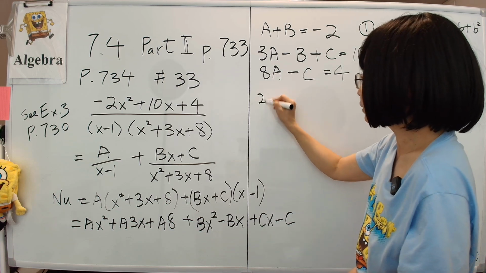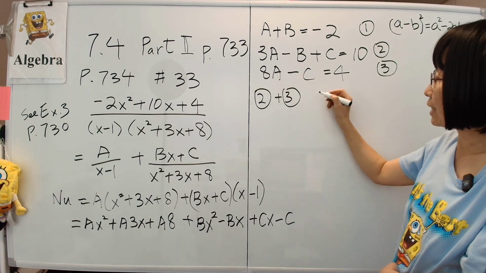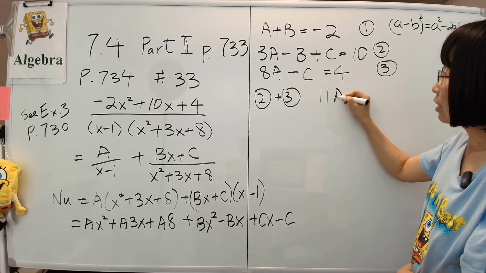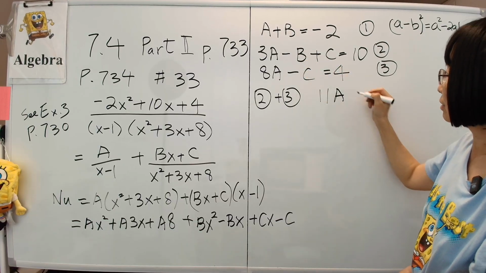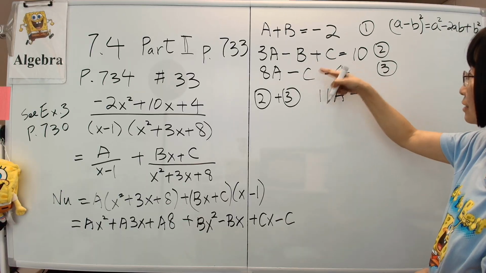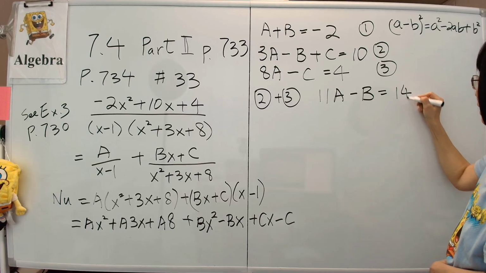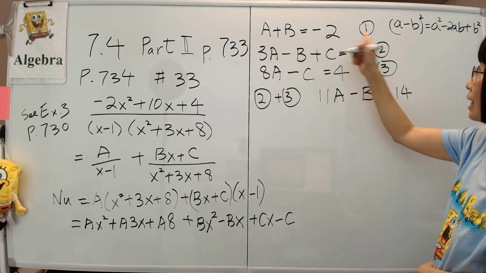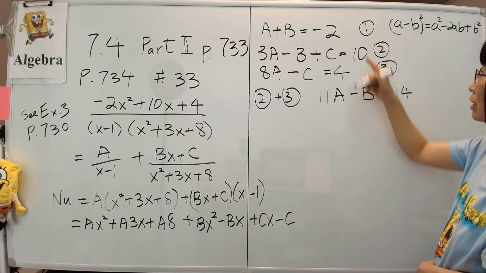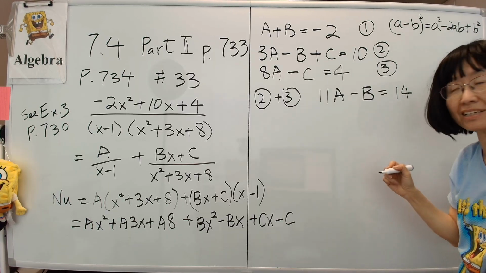So adding equation 2 plus equation 3, we get 3 plus 8 is 11a, and then minus b, and the c's disappear, equal to 10 plus 4, that's 14. This will be called equation 4. See, this is just like the previous section.